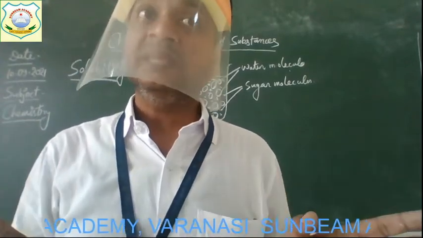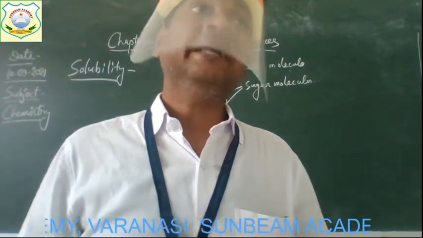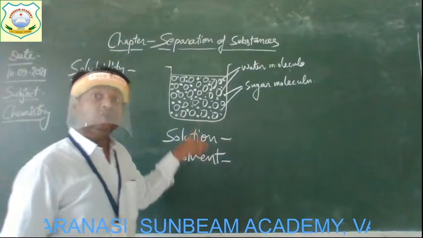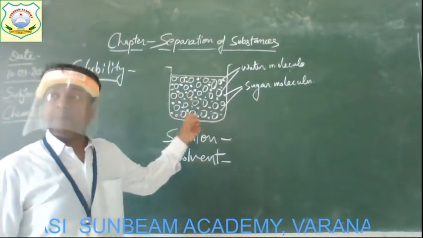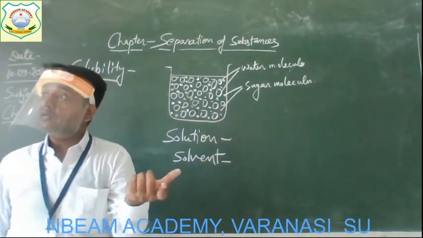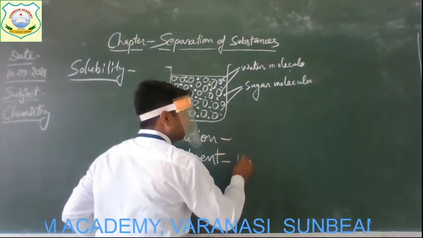Solvent is a substance in which something or anything can be dissolved. So it is known as solvent. So the sugar dissolved in what? In our example, sugar dissolves in water. So water will be known as solvent. Water is what here? Solvent.